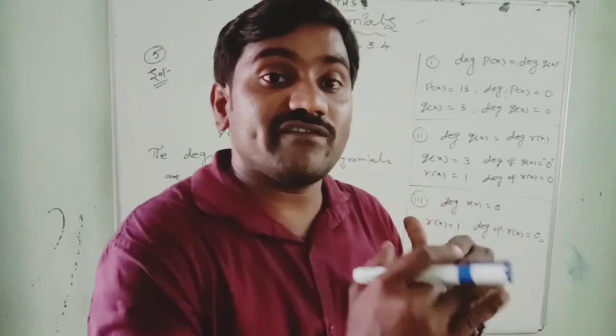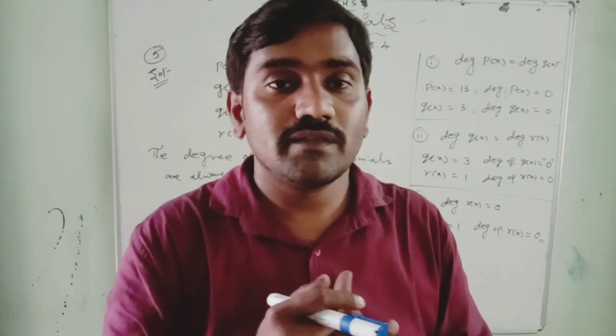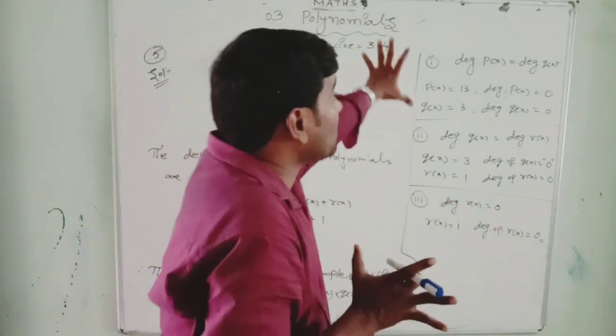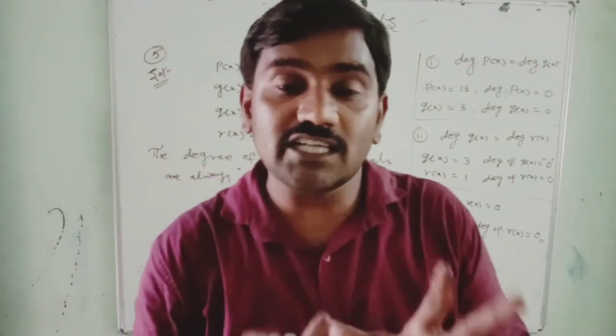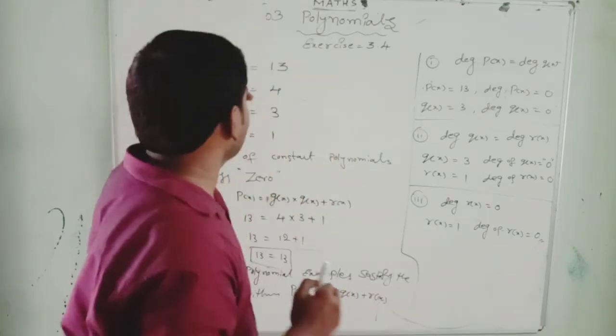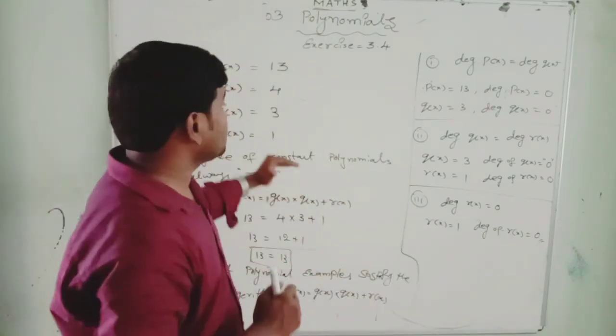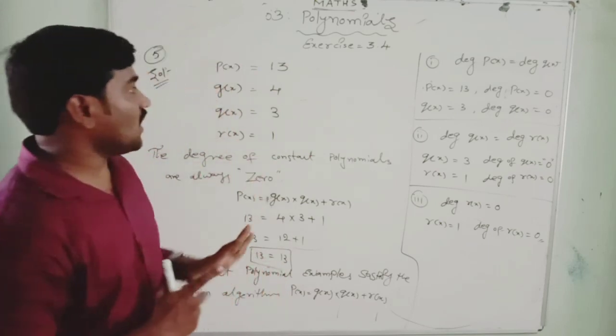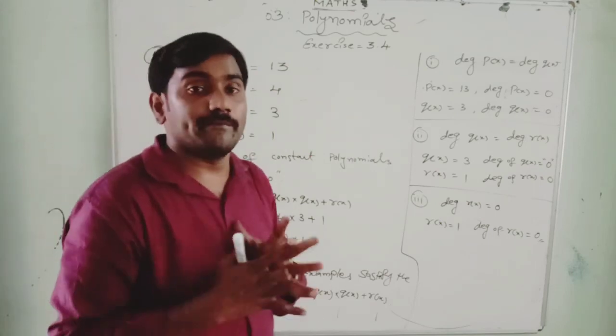Sometimes the degrees of p of x and q of x are equal, so accordingly you make examples which satisfy this condition. By your own knowledge, write p of x, g of x, q of x, r of x and check their degrees after dividing.